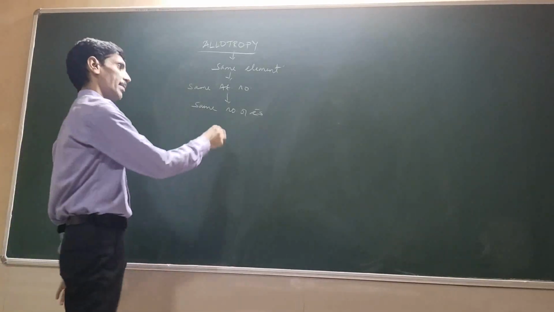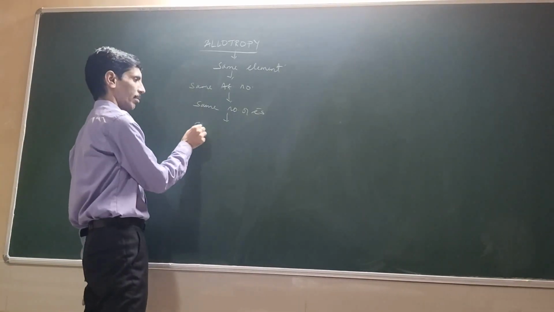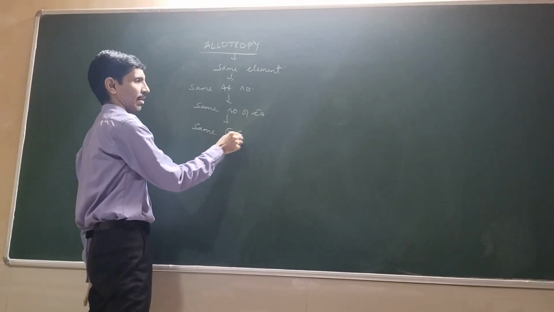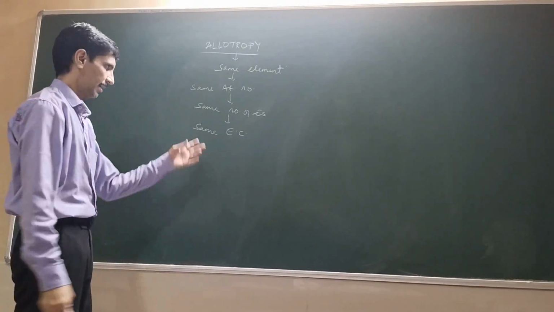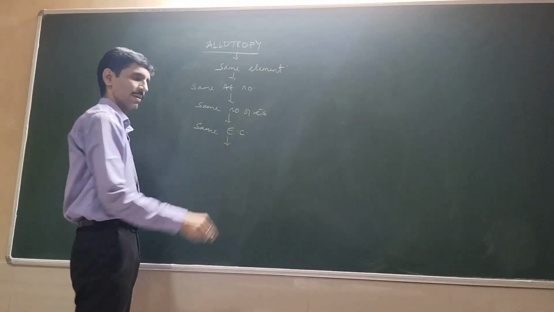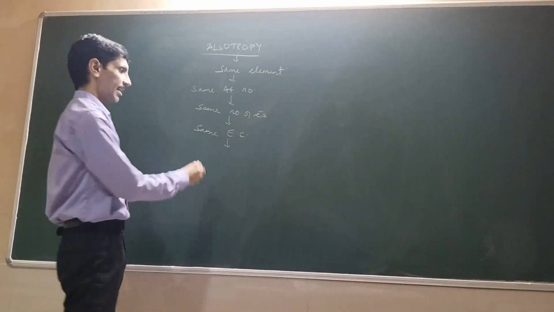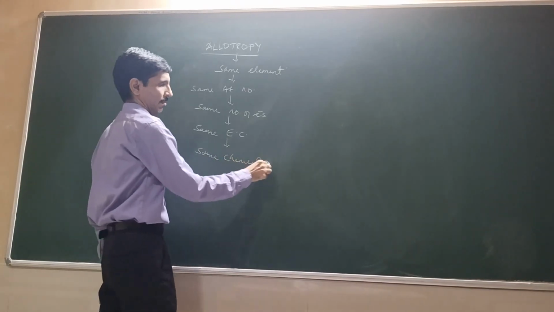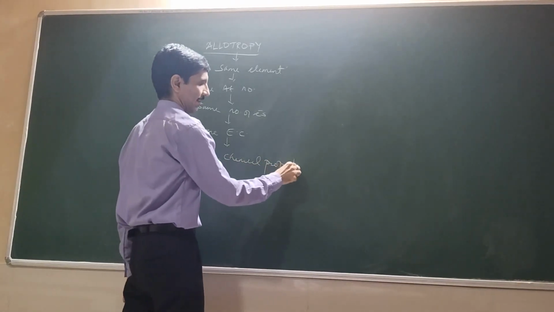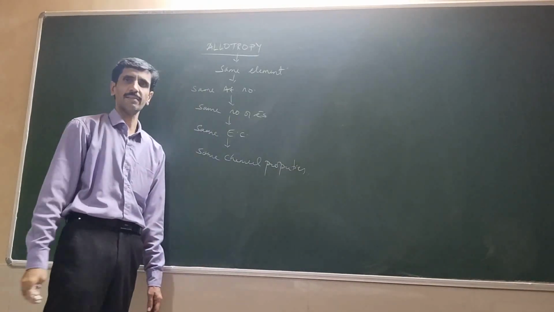If the same number of electrons, there is going to be the same electronic configuration. The arrangement of the electrons will be the same. If the electronic configuration is the same, that means the chemical properties are the same, because electronic configuration is related to chemical properties.